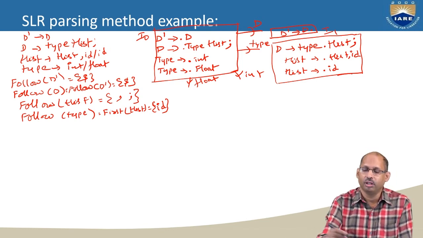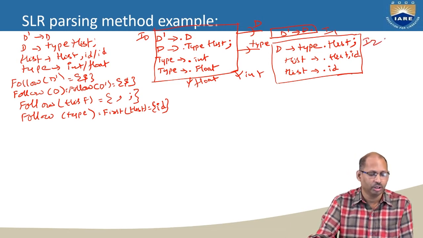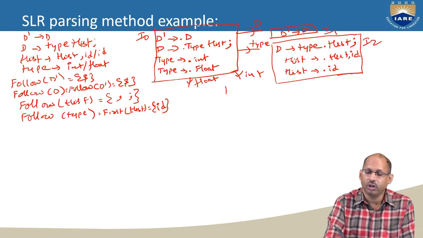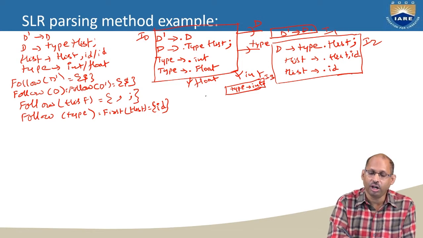Then this is I2. Then on int, dot int becomes int dot. So type becomes int dot. This is I3. Dot float becomes float dot.